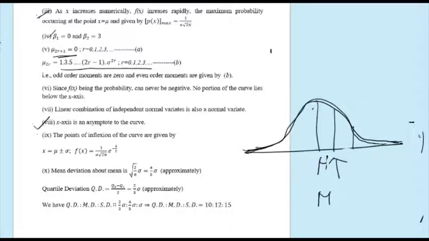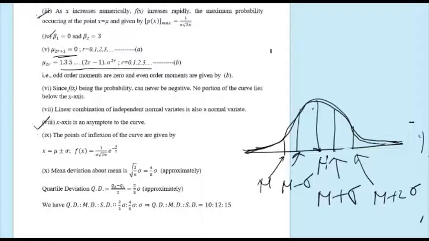This point is mu plus 1 time sigma, this point is mu plus 2 times sigma, etc. Mu is the mean and sigma is the standard deviation, and mu always falls at the middle point. Likewise, on the left hand side it will be mu minus sigma, this point will be mu minus 2 times sigma, and so on.